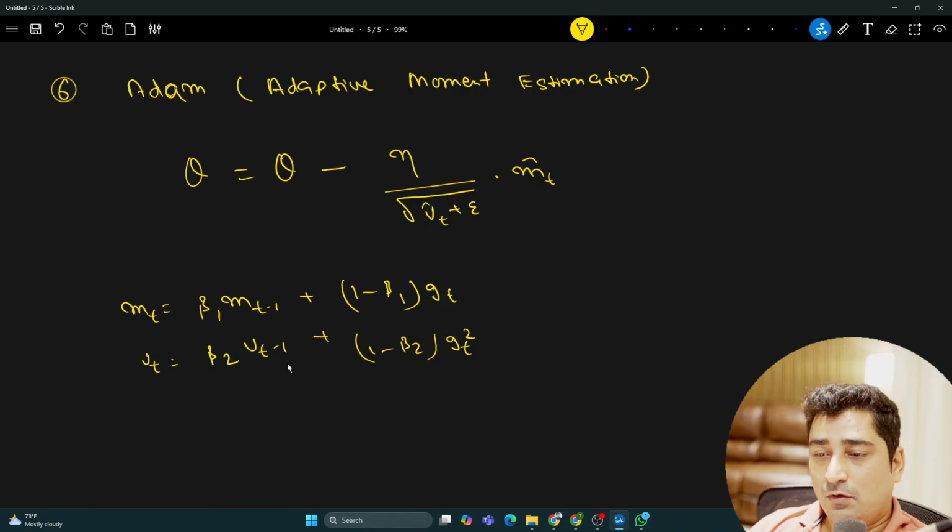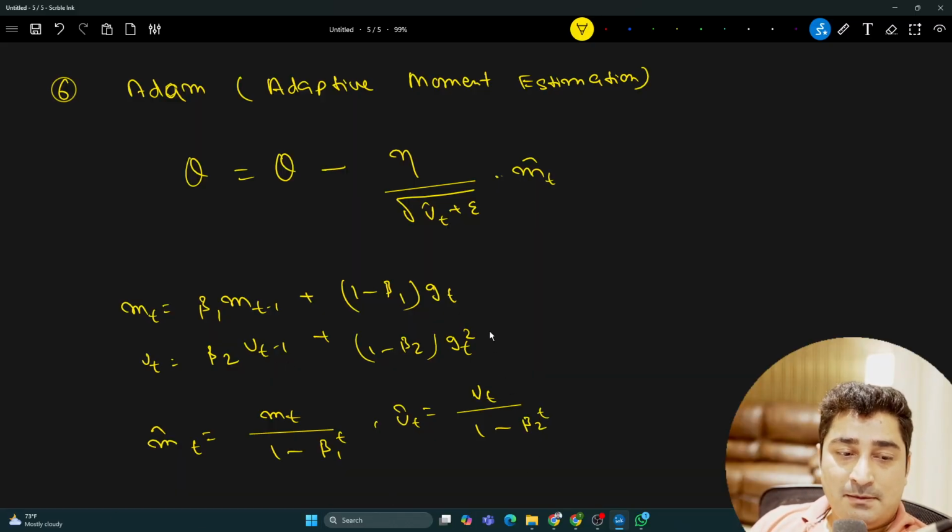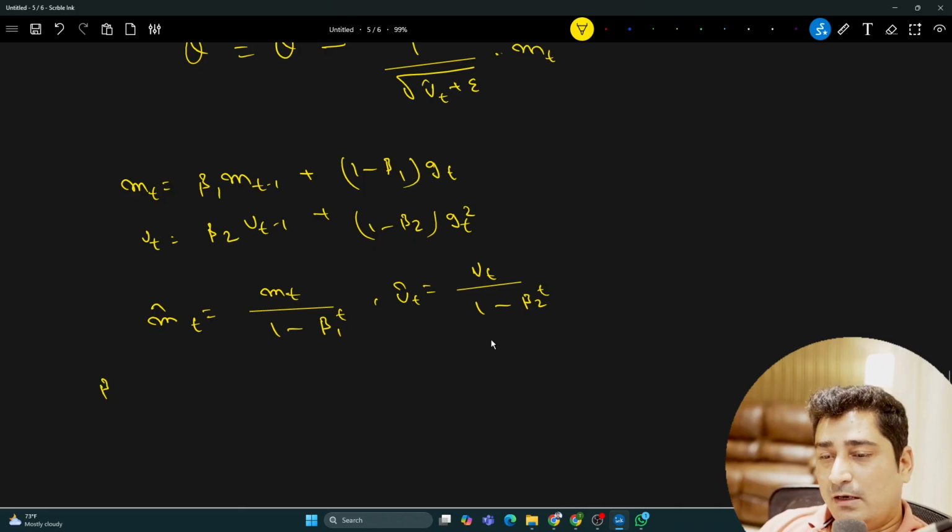So what is the value of m hat t, since we are using m hat t and v hat t here? m hat t is mt divided by 1 minus beta 1 to the power t, and vt hat is vt divided by 1 minus beta 2 to the power t.